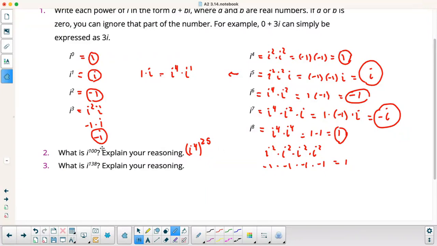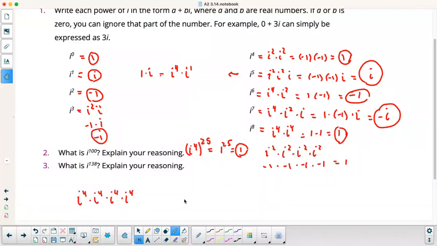So this is equivalent to that. So really, i to the fourth is 1. 1 to the 25th is just 1. Okay, now if you wanted to, you could do it until you have them add up to 100, but that's not really practical here.